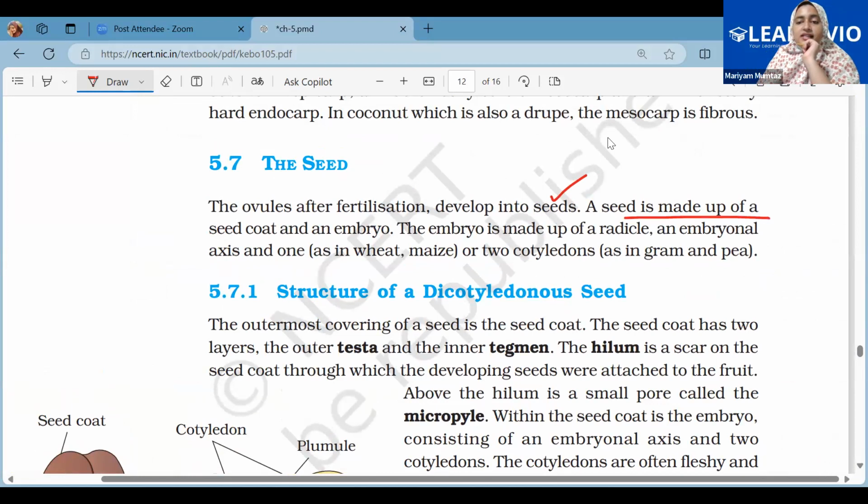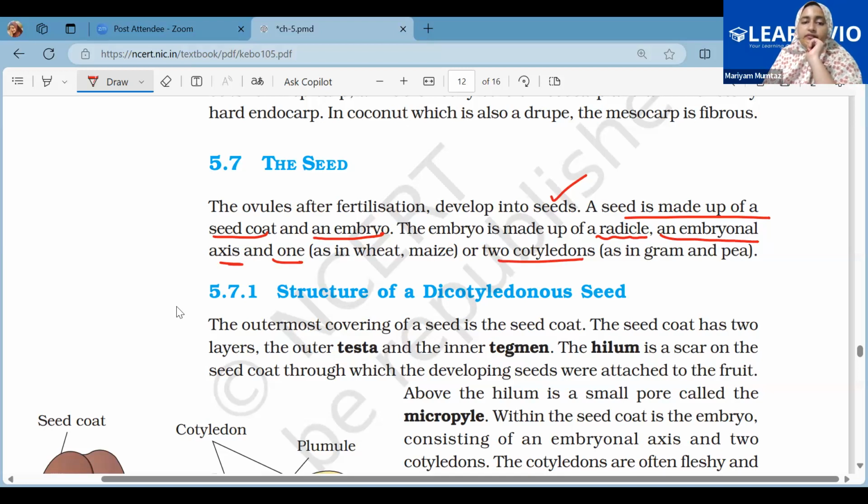Now a seed is made up of a seed coat, which is the outer covering of the seed, and it has an embryo inside. The embryo is made up of a radicle. Remember R for radicle, R for root? The radicle is present inside the embryo. The embryonal axis is present, and one or two cotyledons.